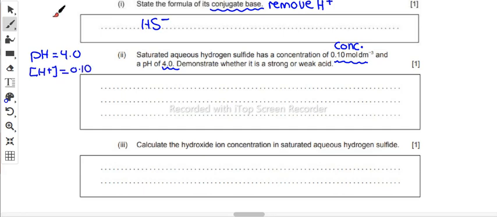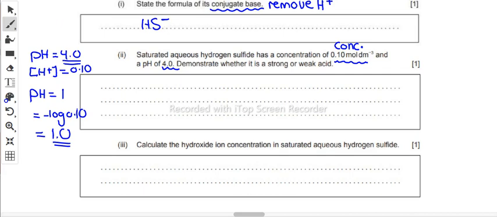So if we compare, in order to have a strong acid that dissociates completely inside the water, the pH should be equal in this situation to 1, since the pH is minus the logarithm of 0.1, which is equal to 1. If we compare both pHs, we're going to find that they are not the same.